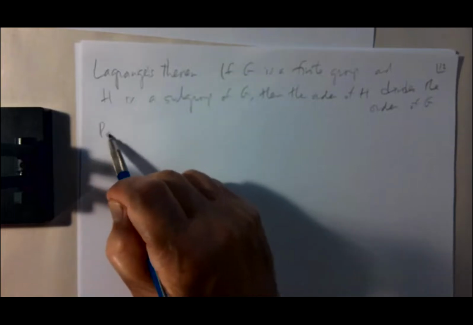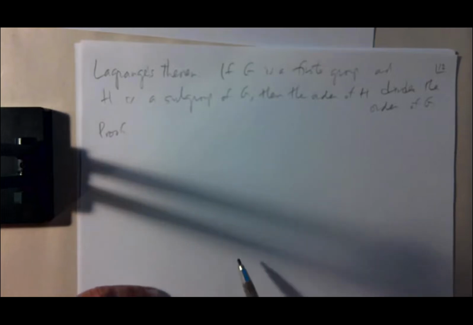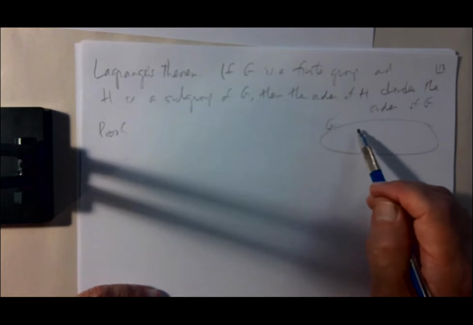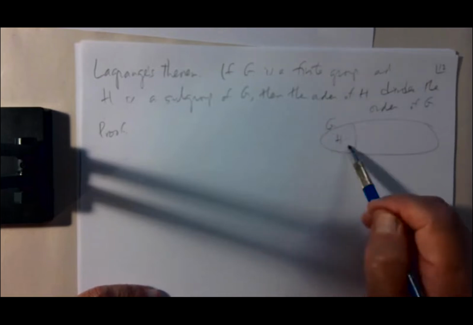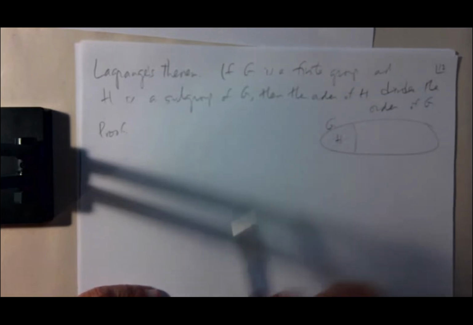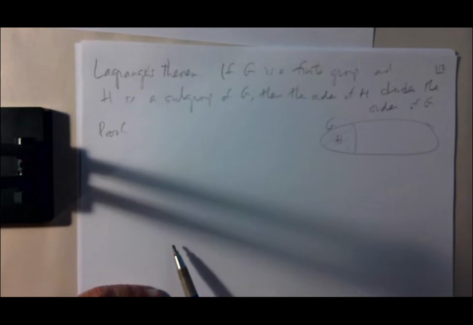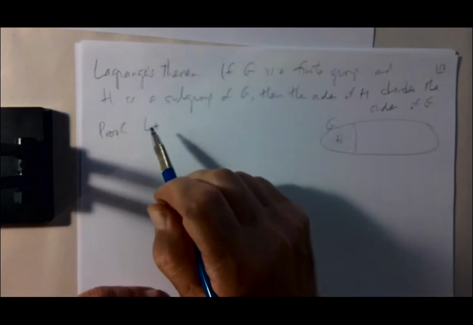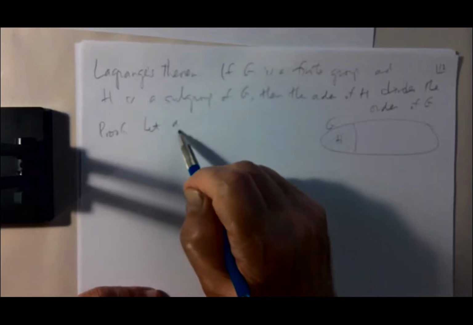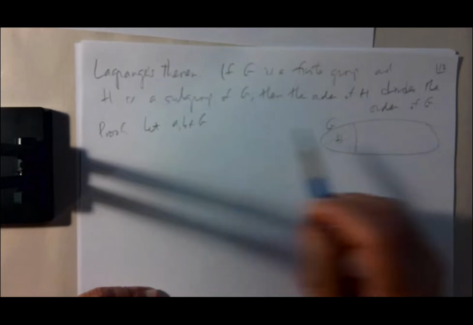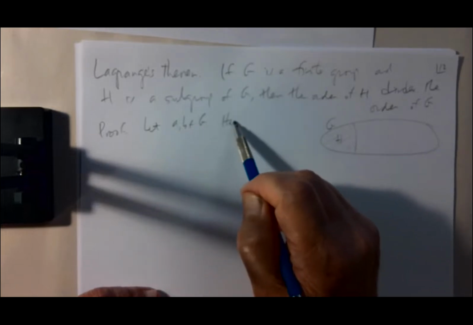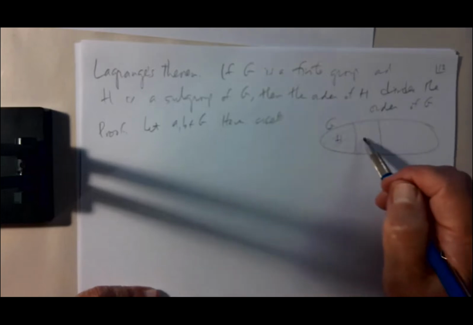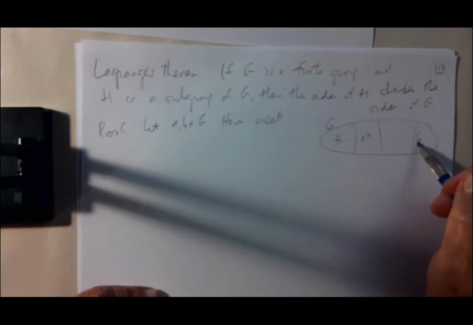So the proof. We have sort of a picture. Here's the group G. And in that group G, we have a subset H, which is a subgroup. So let A and B be in G. We have cosets AH and BH.